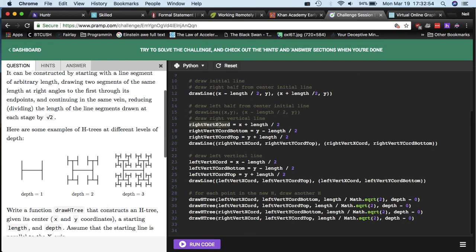The very right x coordinate is going to be your x position plus half the length, and that's going to be static. Then for the right vertical coordinate, since these are going to be different, you have a y plus half a length and y minus half a length, and you just draw your line.